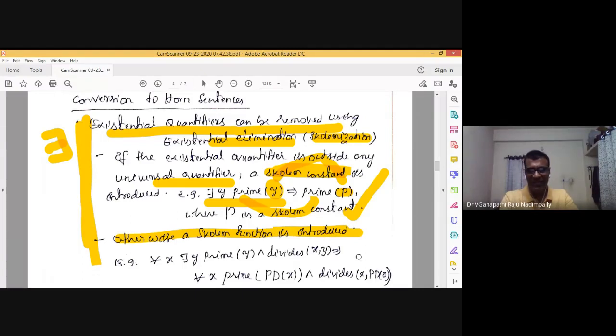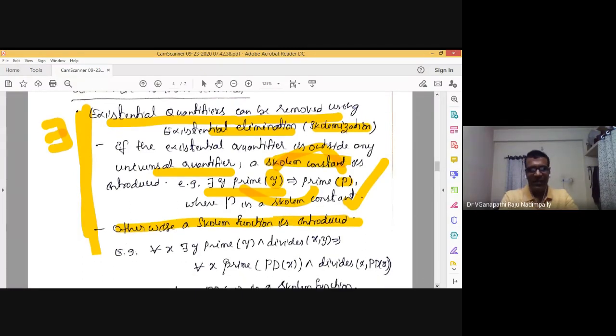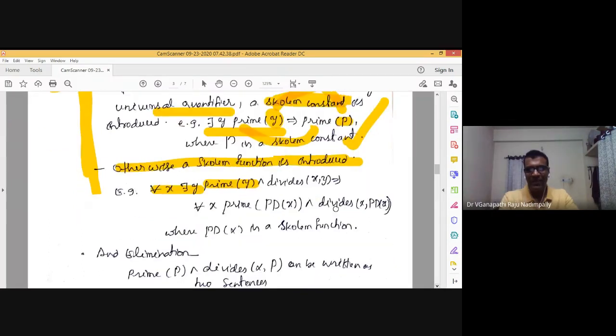For example, for all x there exists y, prime of y and divides of x y. We have this sentence. Observe carefully, here we are replacing y with PD of x, where PD of x is a Skolem function.